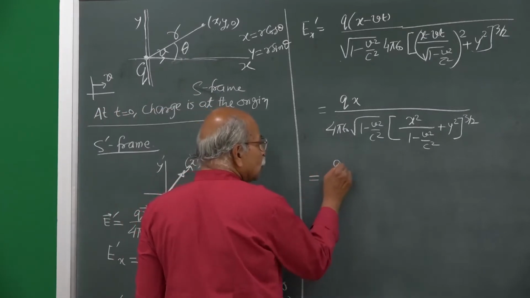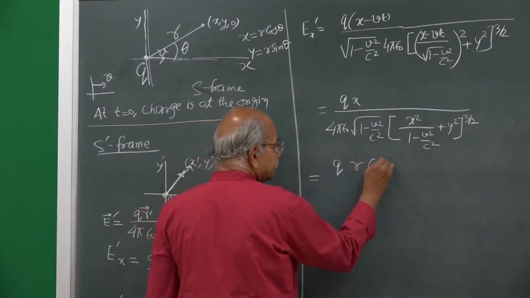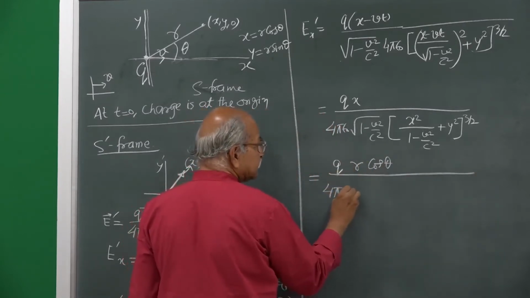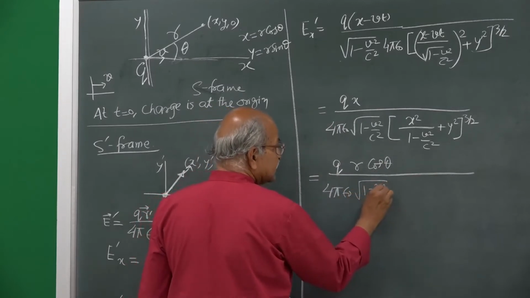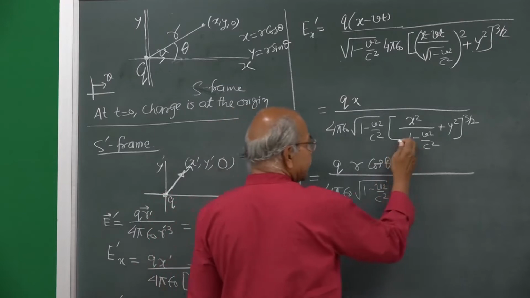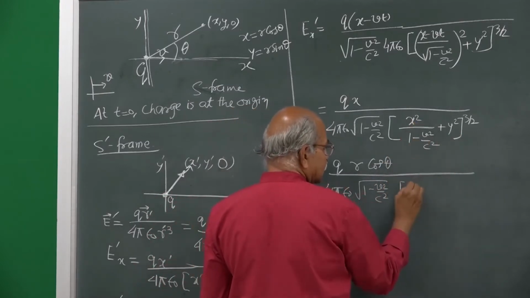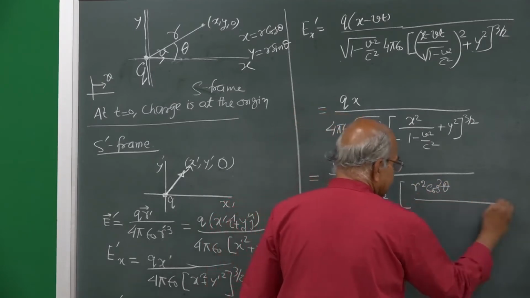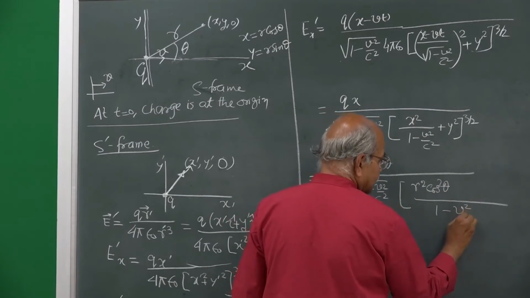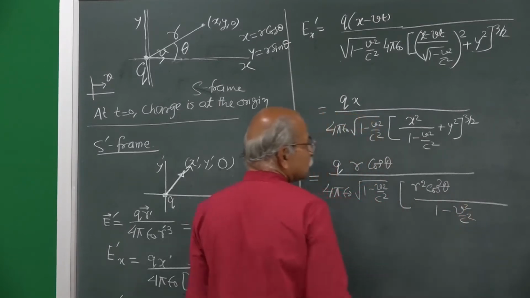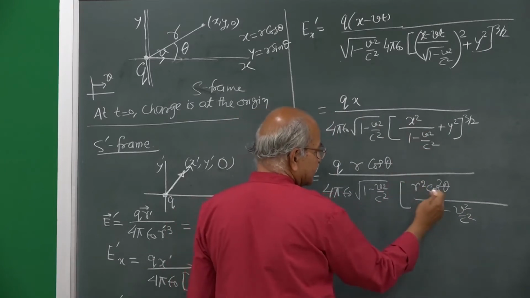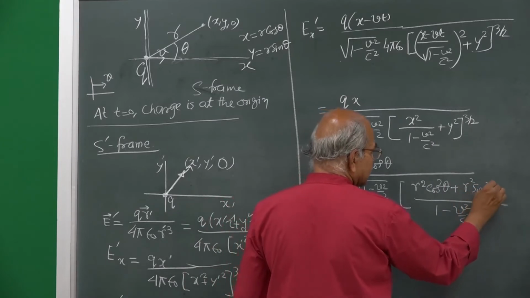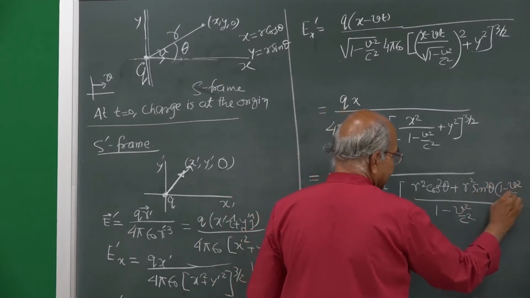This will be equal to q, x is r cos theta, divided by 4 pi epsilon naught square root 1 minus v square by c square, and this side here is r square cos square theta, and let me take this denominator here. So, x square divided by this is here, then plus y square, which is r square sin square theta, and that multiplied by 1 minus v square by c square.